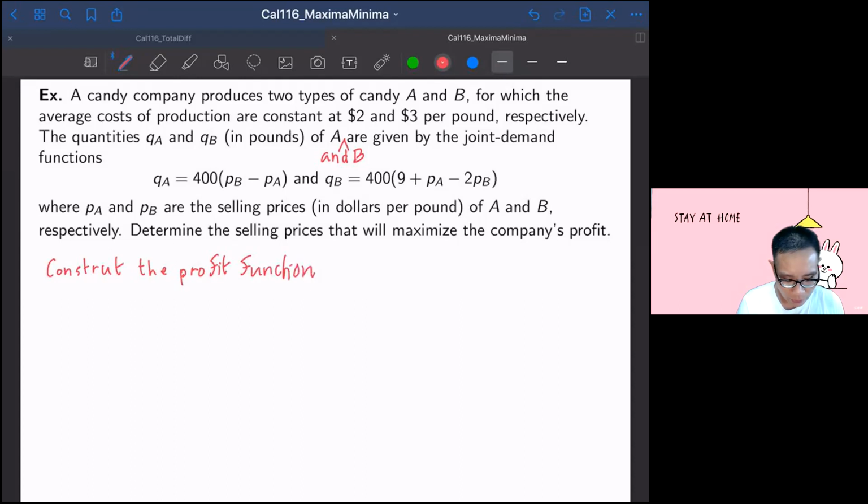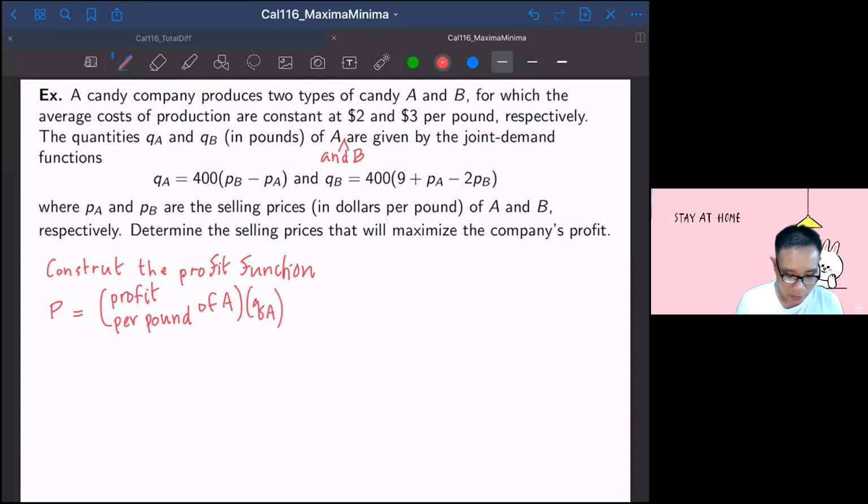Okay, so for this one, the profit P will consist of the profit per pound of A multiplied with the quantity that you sold of A, so it's gonna be QA.